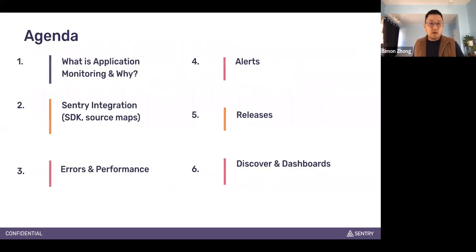Just to continue through this agenda to keep us organized today, I'll start off with describing application monitoring, what Sentry is designed for, and how and why it's important. Then we'll go into the weeds a bit with the Sentry integration steps. That includes getting the SDK on our apps.